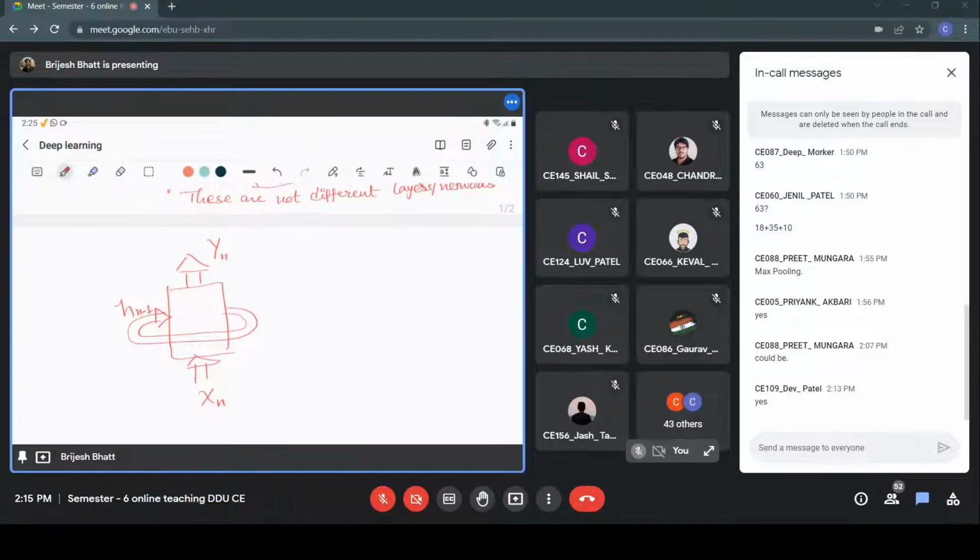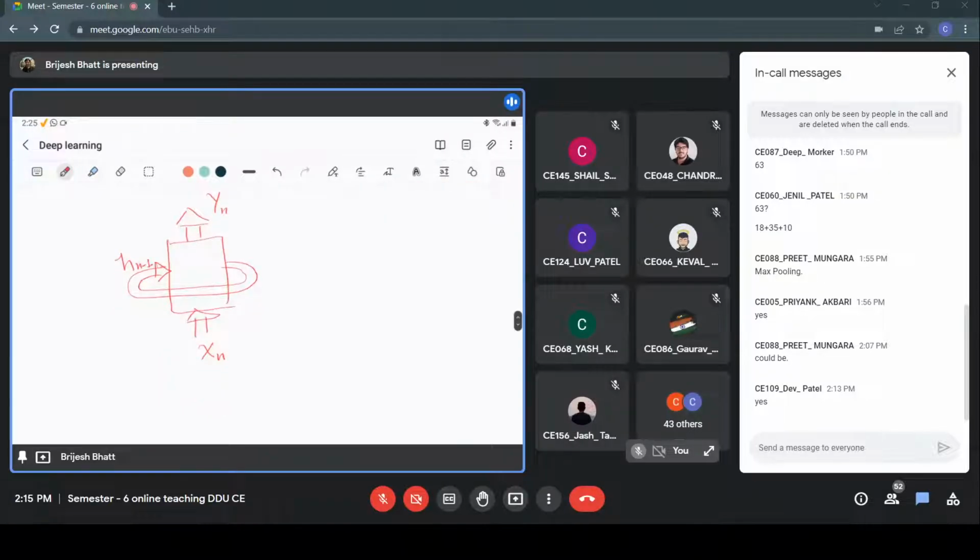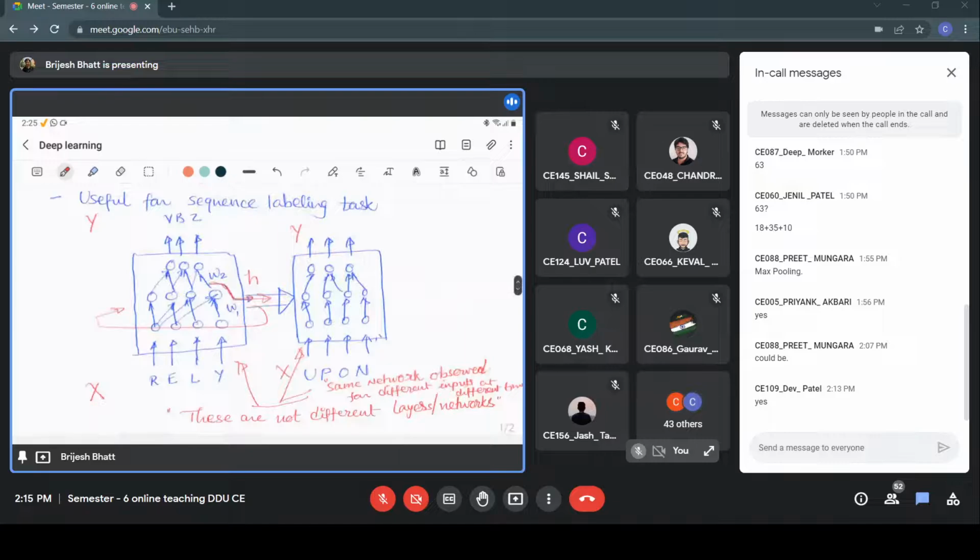So this is called Hn minus 1. And again, if I start with this diagram, it might look confusing, and many of you might get confused right now also. That is why we use this kind of representation. This is called unfolded RNN.